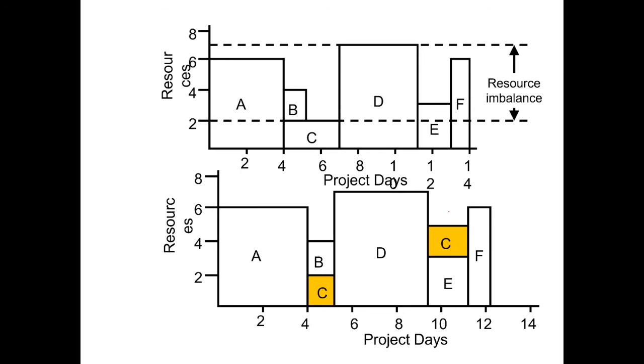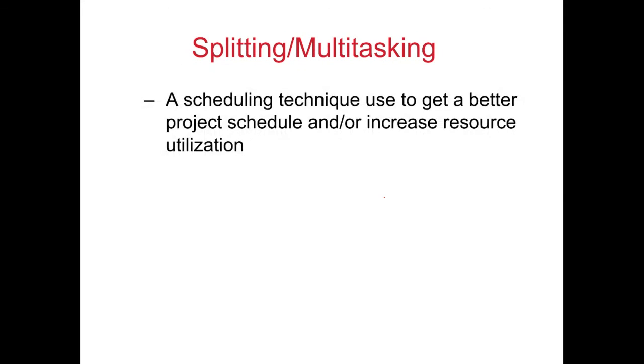That would give us a much smoother resource profile and will save 5 pieces of our equipment just lying around gathering dust in week 5. So the strategy used was to split activity C from a large activity into two small sub-activities. This is one strategy which could be deployed.